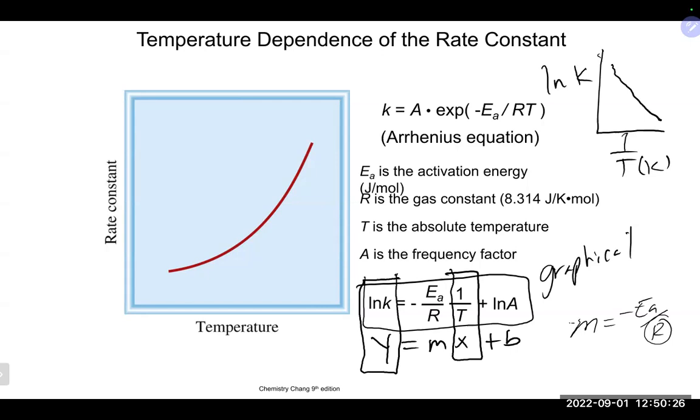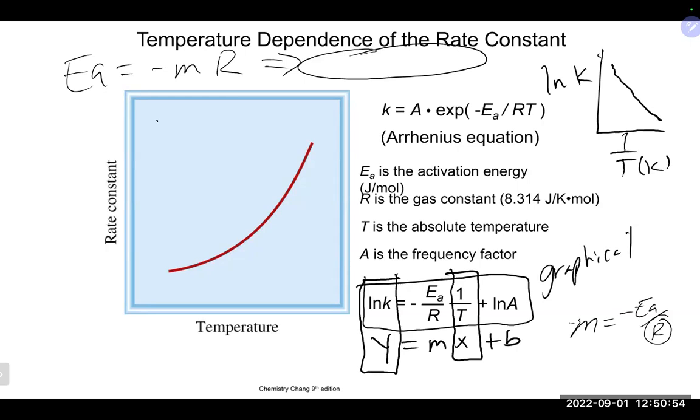A couple of things that you want to watch out for here. That line that I drew will have a negative slope, and the negative there will turn the activation energy into a positive number. When I take Ea equal to minus the slope times R, what units do I end up with in terms of energy?